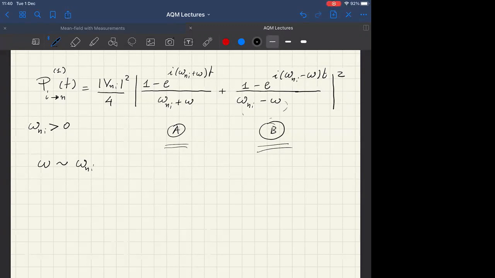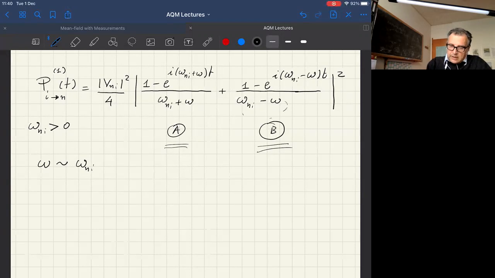B is much bigger. So let's take omega equal to omega n I plus just delta omega, which is small.